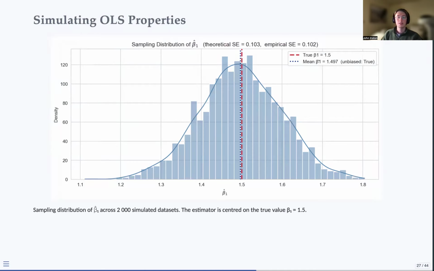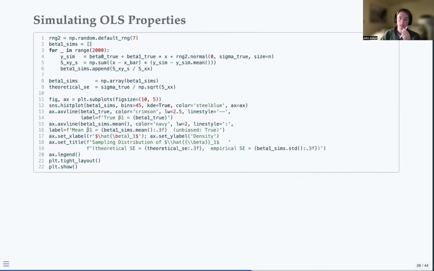So this is just a very quick simulation of all these properties. I'm not going to spend too much time on this code because, like I said, it's all sort of generated, but you can hopefully see the same sort of pattern.